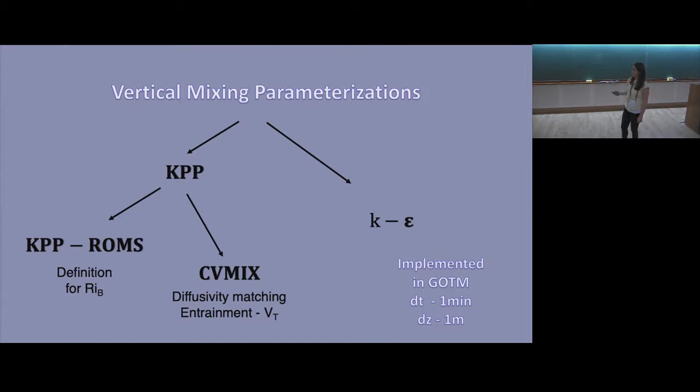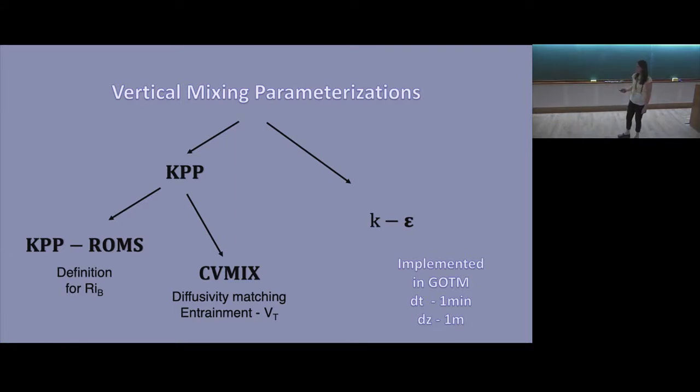So we're going to look at a KPP model that's pretty tried and true to the Large et al. paper. And then we're also going to compare it with a KPP that's implemented in ROMS, which is based on the same physics, but it has a different definition for mixed layer depth. It uses an integral approach to calculate its boundary layer, which we'll see has some impacts.